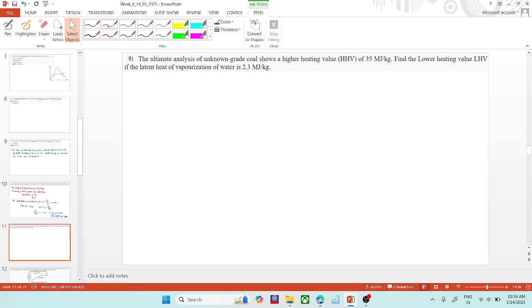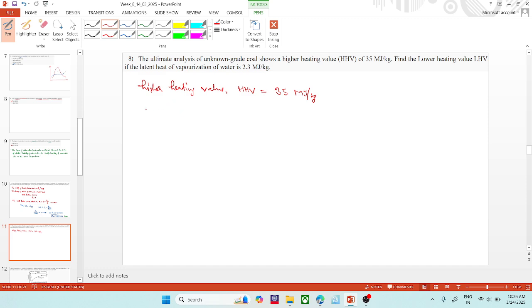Here the higher heating value, HHV, is given as 35 megajoule per kg.